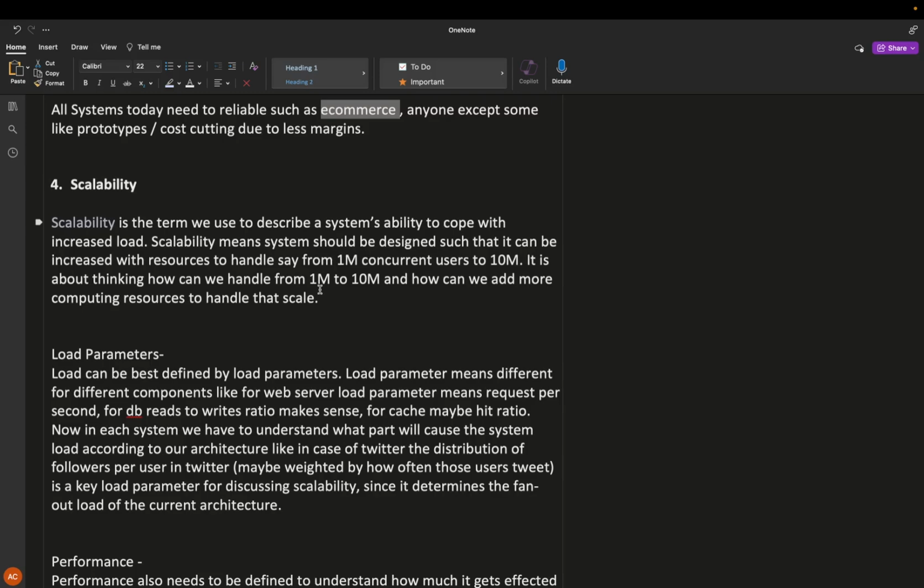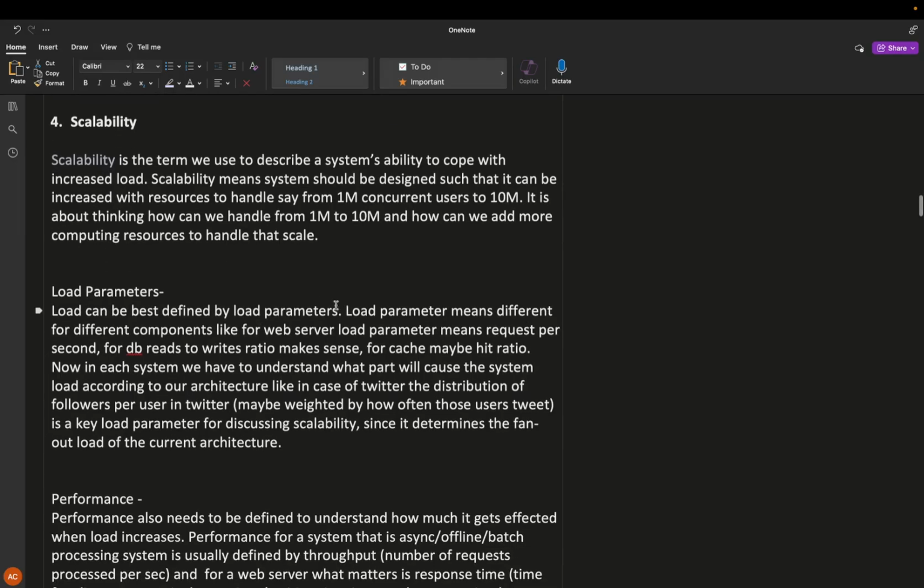To learn how we can define scalability, there are two terms we need to define. First of all, it is load, and second is performance, right? Load can be best defined by load parameters, right? A load parameter means different things for different components.